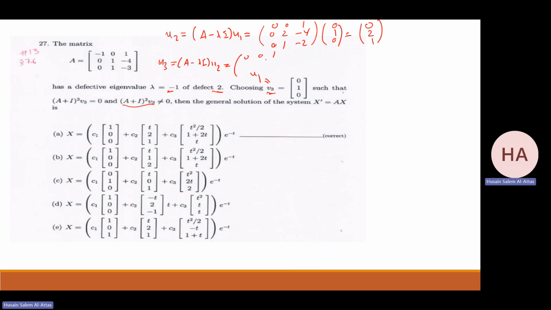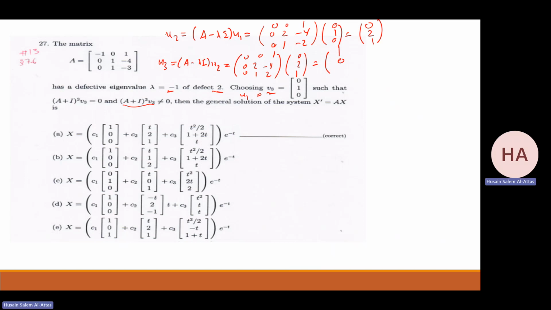And this is A minus lambda I. Let me call this U1. 0, 2 minus 4, 0, 1, 2 times 0, 2, 1. Let us see. This one gives you 1. This one 4 minus 4, 0, and 0, 2 plus 2.